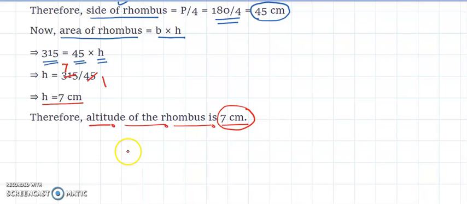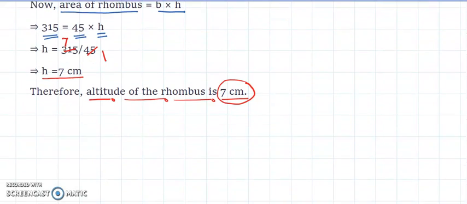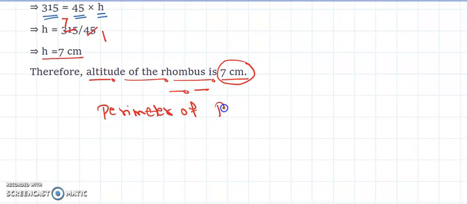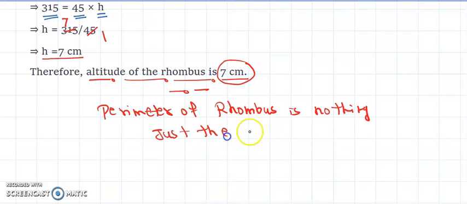And remember, my dear students, if I talk about the perimeter of a rhombus, the questions for the perimeter of a rhombus are nothing but just the sum of all its sides.